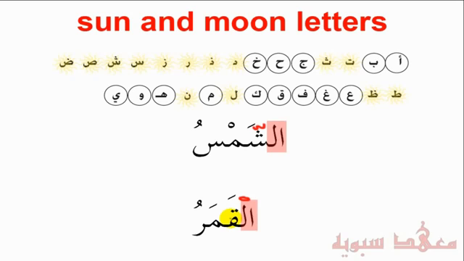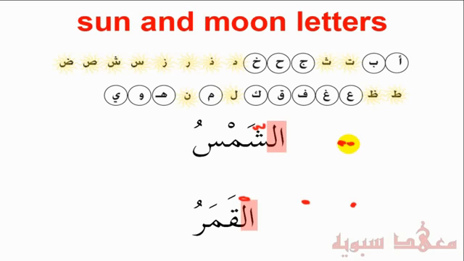And because of this distance, it's much smoother to say it, because you're going from one articulation point to one that's further down. So it's Al-Qamar. However, with lam and the sheen, the lam is here and the sheen is right next to it. Al-Shams. Al-Shams. It's actually hard on the tongue to say.